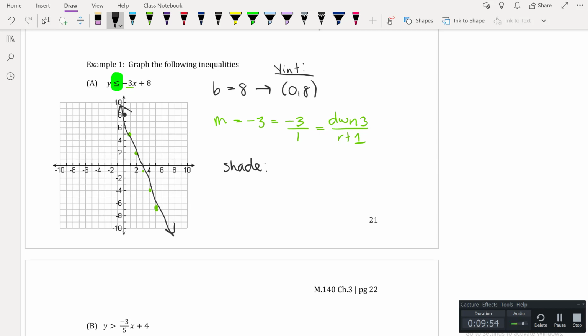If I have less than or equal to, which I do in this case, what we want to do is shade below. So if I'm looking at that line, shading below would be here.